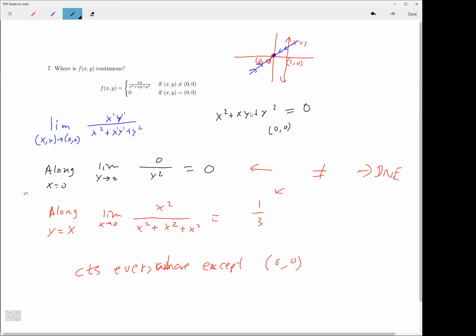But the middle term is always going to be less than or equal to, in magnitude, either x squared or y squared. Anyways, just the bottom line: continuous everywhere except 0, 0. So it looks like the fourth answer is the right answer.